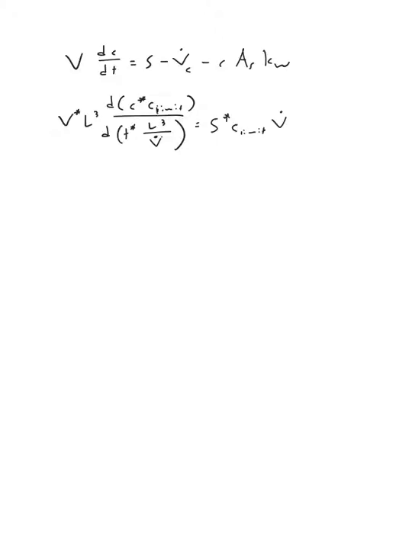V dot stays in, but C gets replaced by C star C limit, minus, okay, so that's C star C limit times AS, so that's AS star L squared times KW, so that's KW star V dot over L squared.